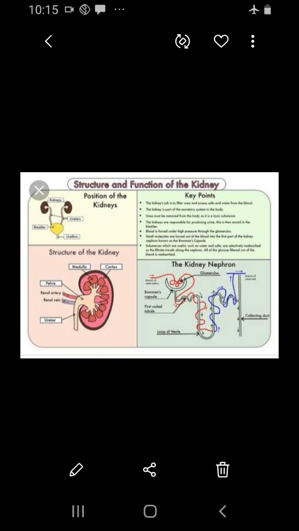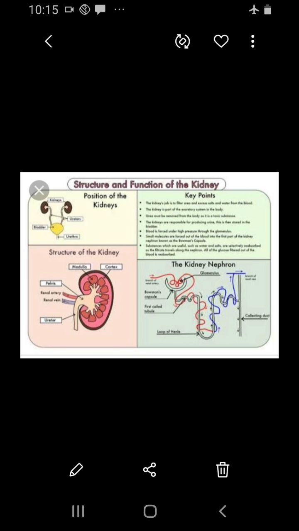The remaining filtrate, after secretion, is called urine, which is hypertonic in man. Finally, the urine passes into the collecting duct, to the pelvis, and through the ureters into the urinary bladder. When the bladder is full, the urine is expelled through the urethra. This process is called micturition.